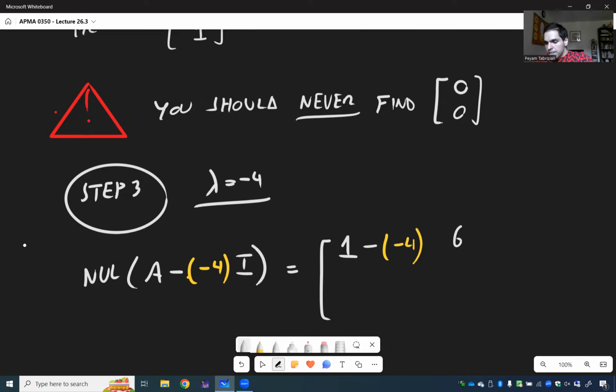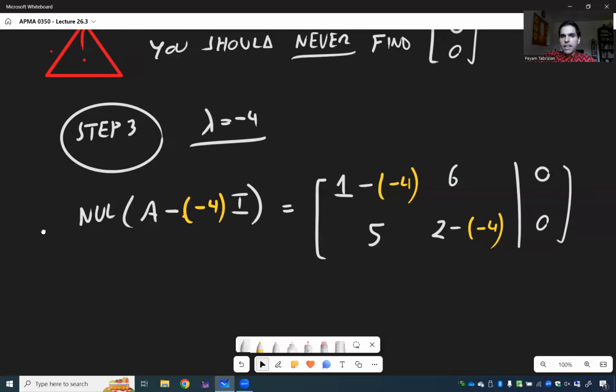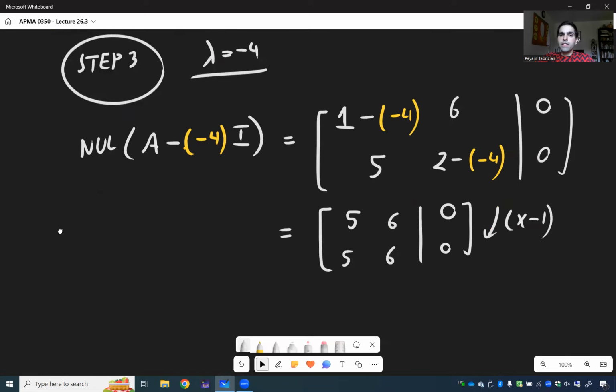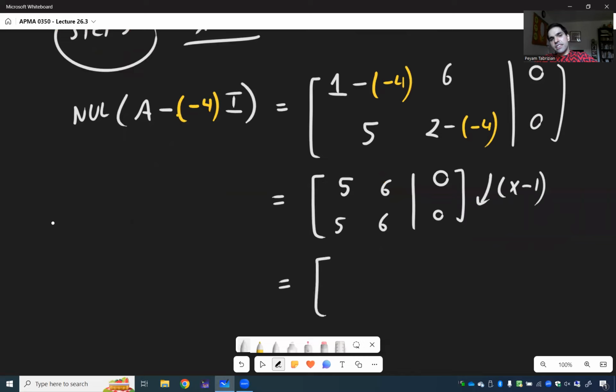So I think the matrix is 1, 6, 5, and 2, and you do 1 minus (minus 4), and 2 minus (minus 4), and 0, 0. And that becomes 5, 6, 0, and then 5, 6, 0. Which are identical rows. So you can, once again, subtract one row from another, and you get a row of zeros.